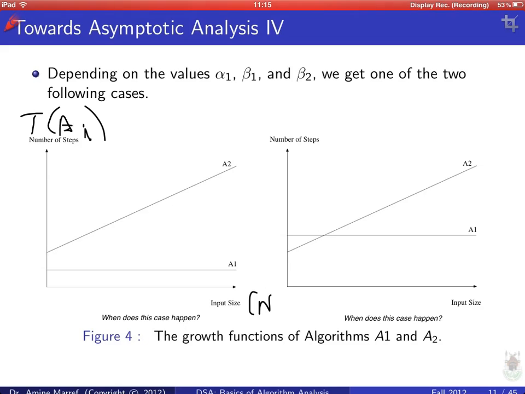And that's just this case. Before this intersection here, the number of steps of algorithm A1 was larger. But after this, the number of steps of algorithm A2 is larger. But in this algorithm here, A2 was larger all the way through.